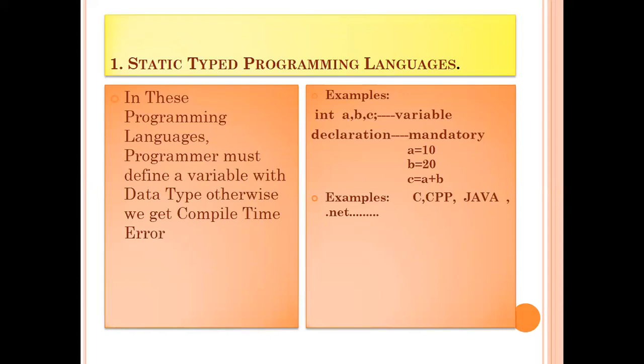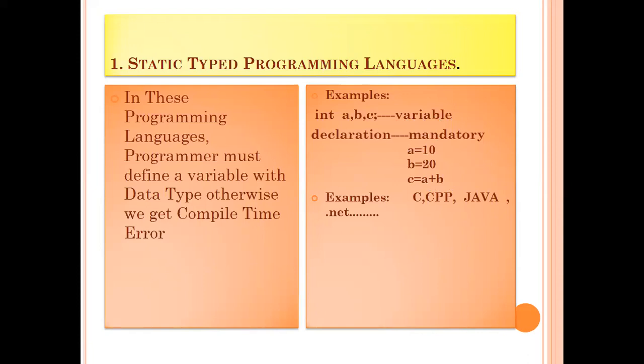Examples: int a, b, c are the variables. So declaration is mandatory, like a = 10, b = 20, c = a + b. Here a, b, c are the variables and declaration is mandatory.